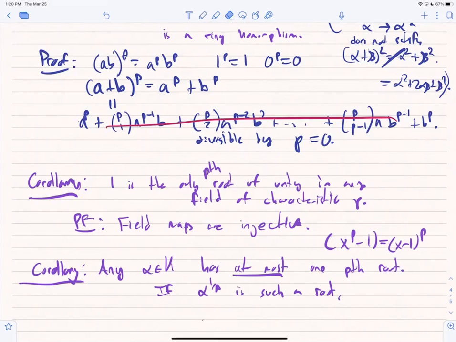But you can also check: x minus alpha to the 1 over p, to the p, is equal to x to the p minus alpha. Okay.